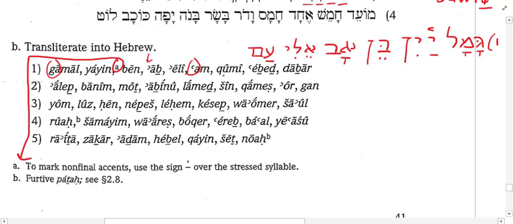Next I have kumi. This is a kof, not a kaf, but a kof. Looks like that. This U with the party hat is the historically long shurik, and it's got the dot in it. Let me make that look a little better.